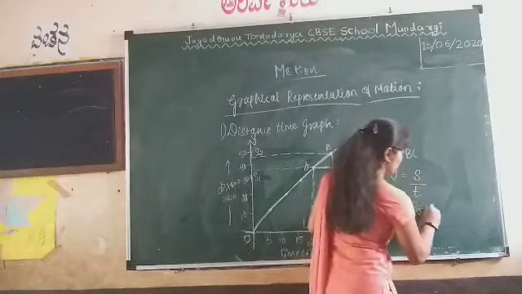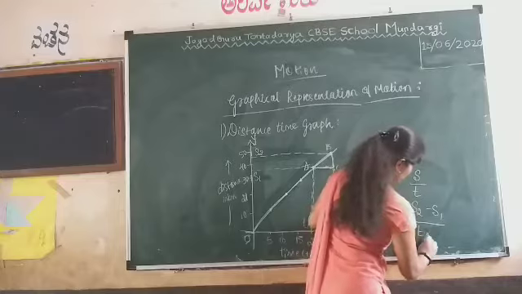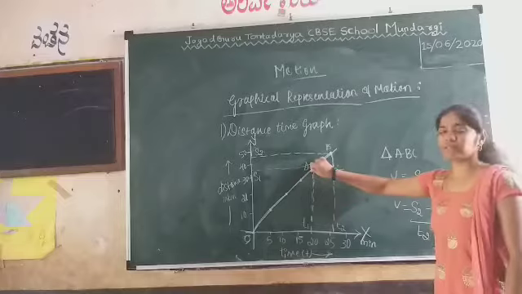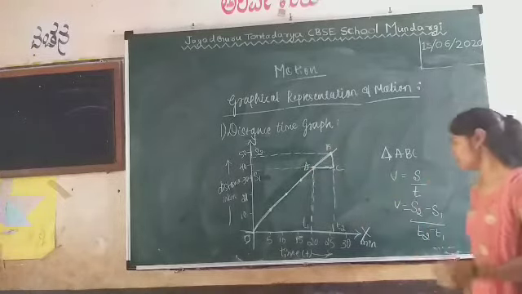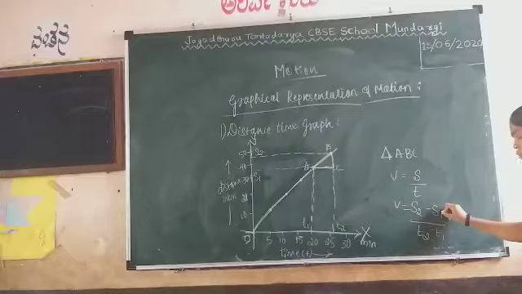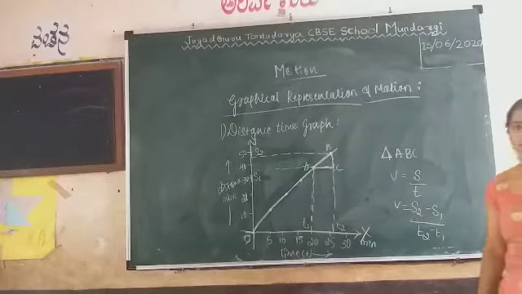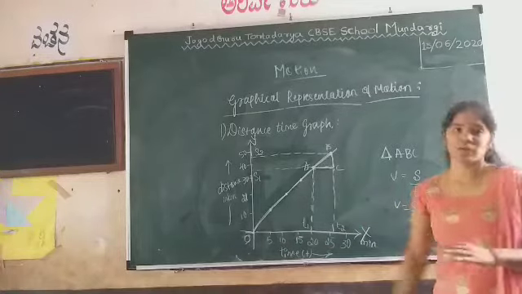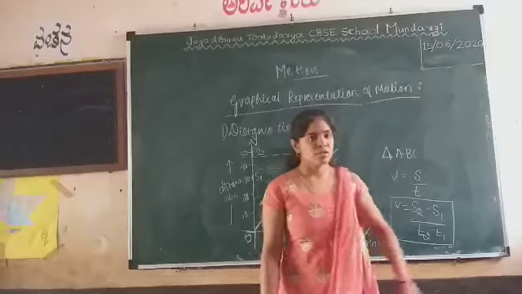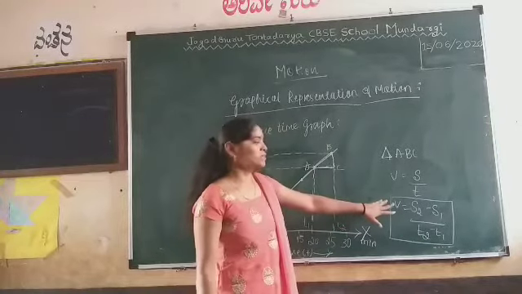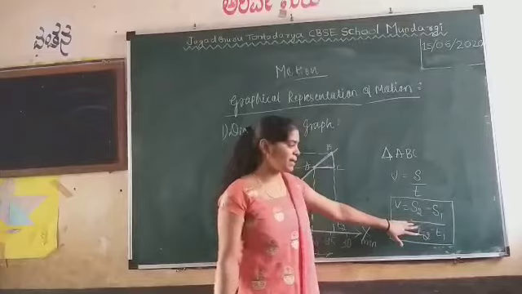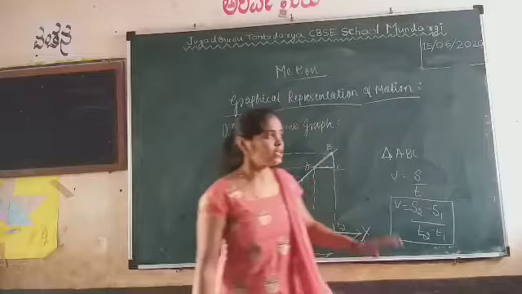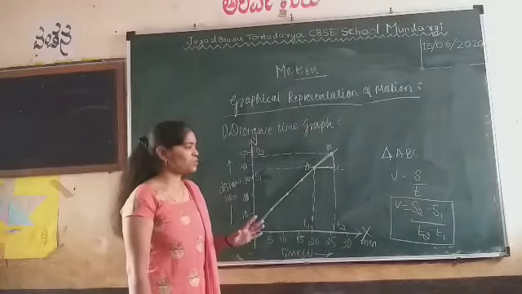So V equals S2 minus S1 divided by T2 minus T1. This is for the uniform speed of the object.